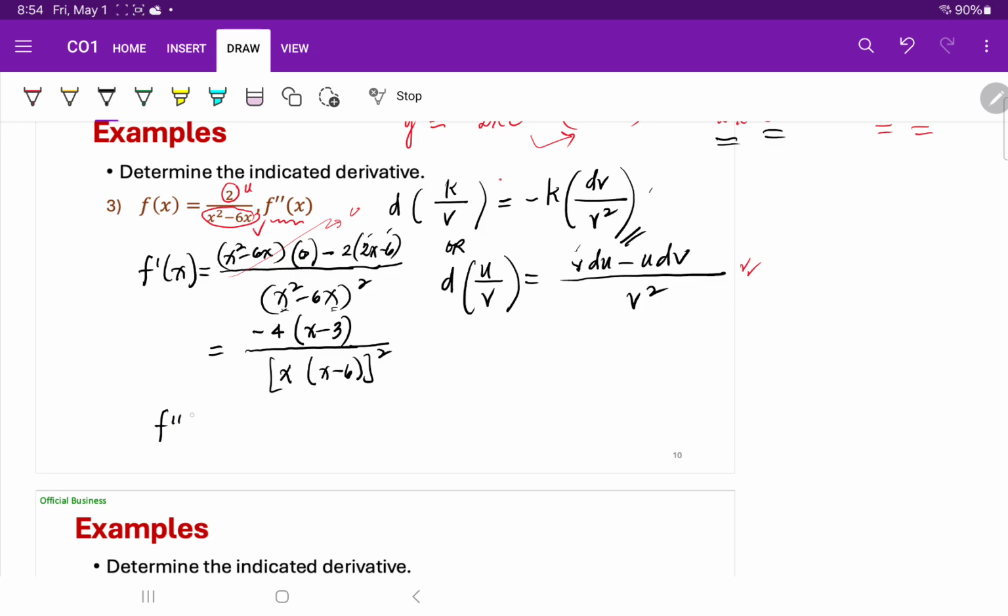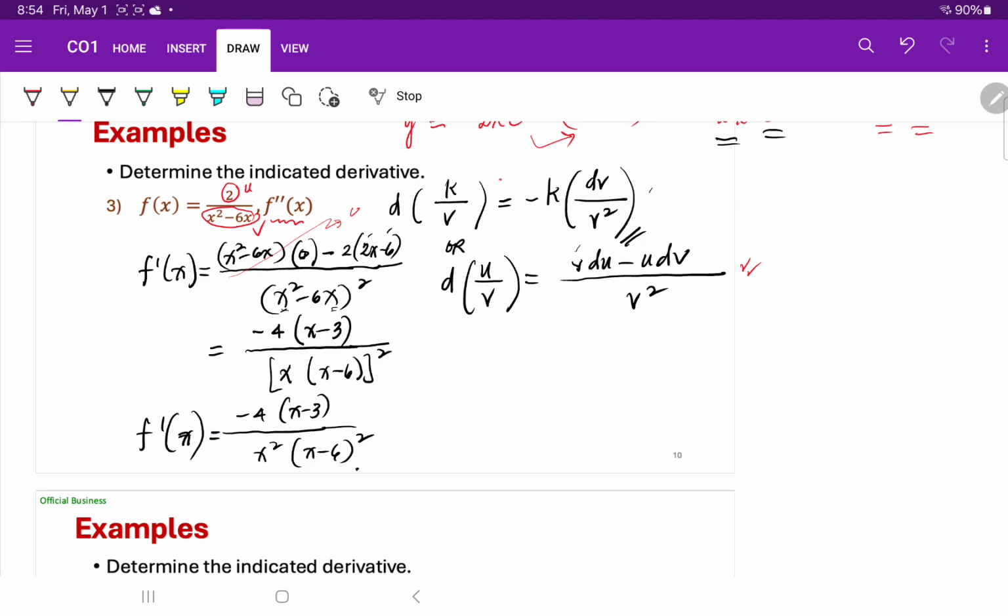So, our first derivative, when simplified, is equal to negative 4 times x minus 3 over x squared times (x minus 6) squared. So, this is your first derivative. This is your f prime of x.